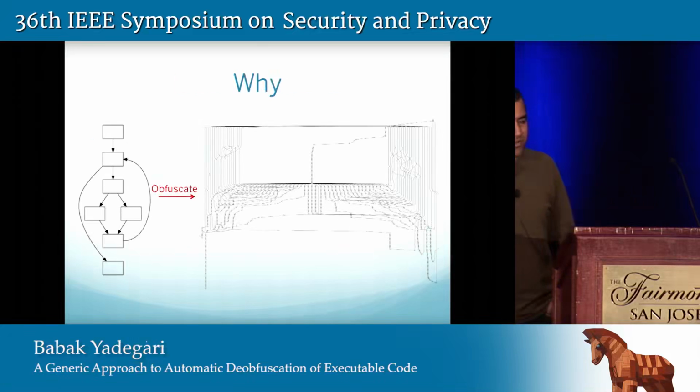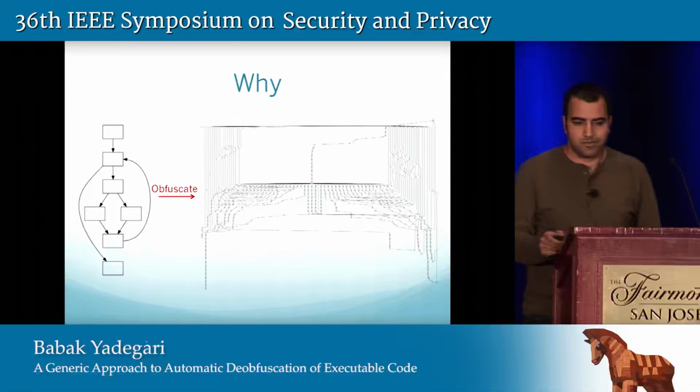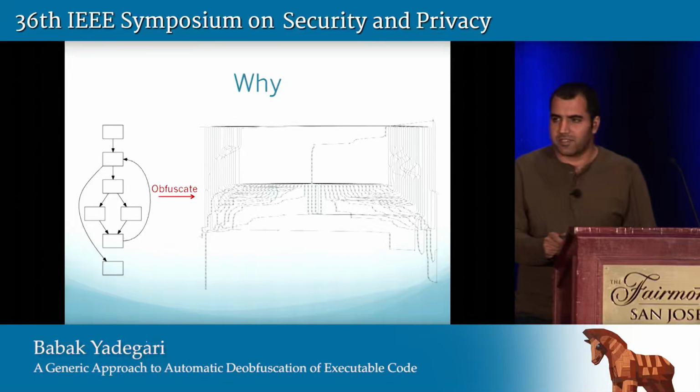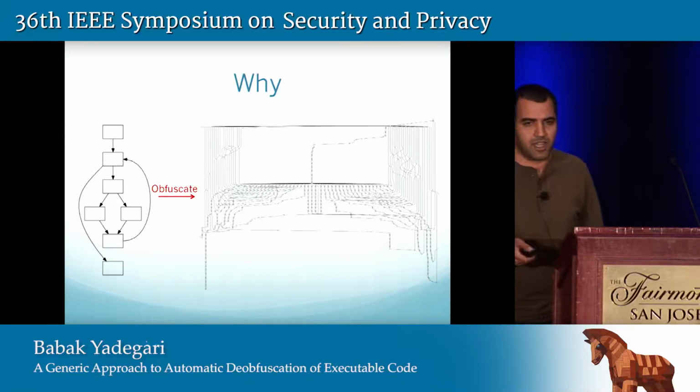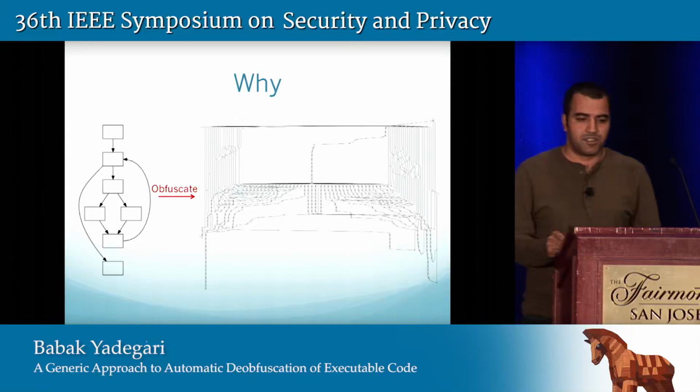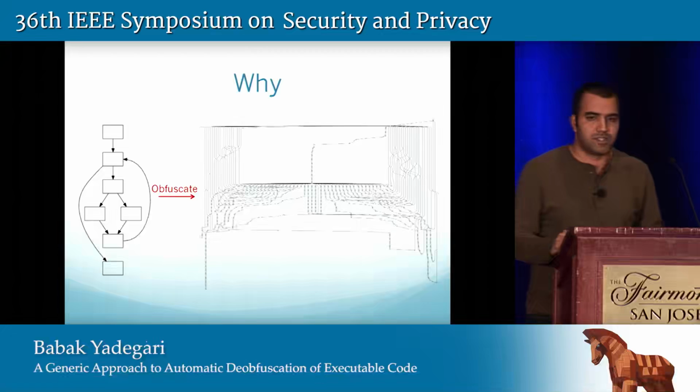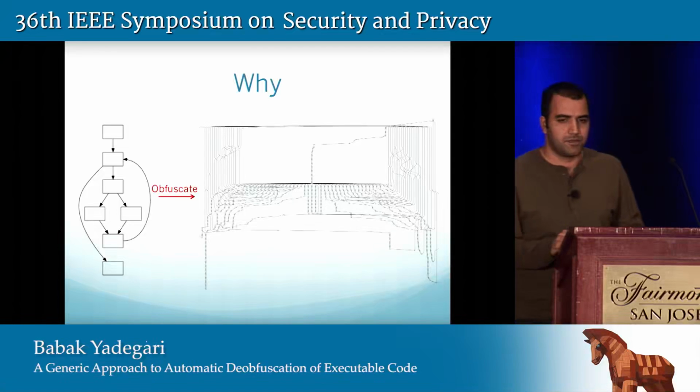The motivation for having such a deobfuscation process is that a lot of malicious code uses all sorts of obfuscation techniques to protect the code from being analyzed or reverse engineered. For example, as shown on this slide, the CFG on the right is the binary search program, which was obfuscated using Themida, a commercial obfuscation tool.